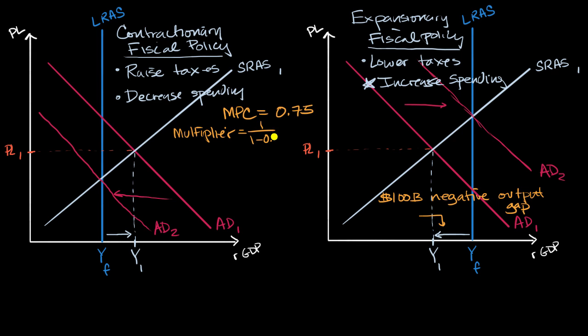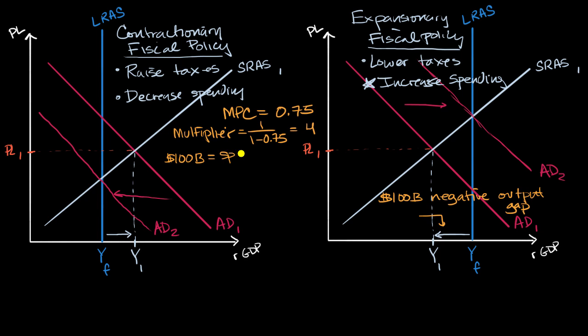So that's 1 over 1 minus 0.75. Well, that's 1 over 0.25, which is going to be equal to 4.